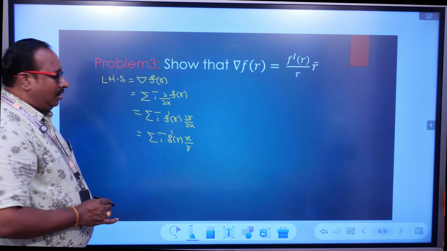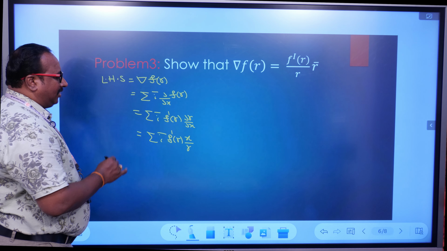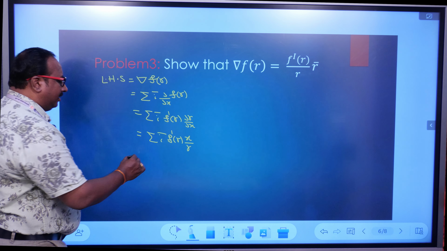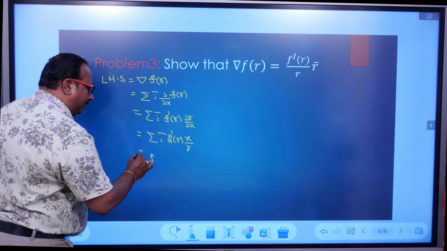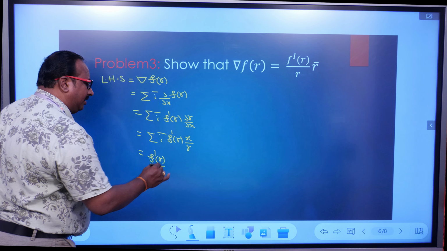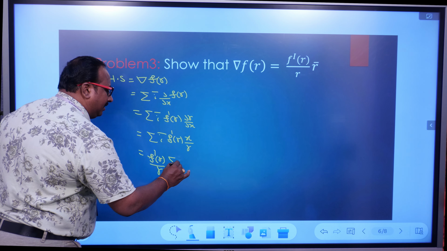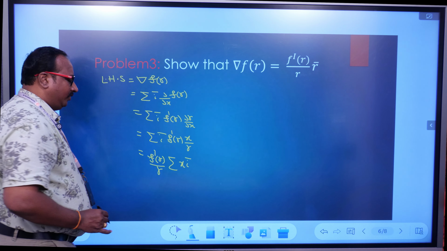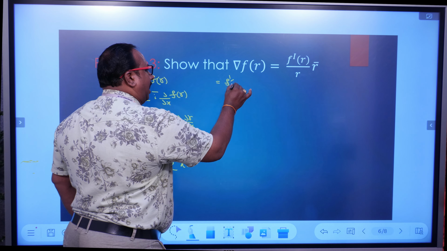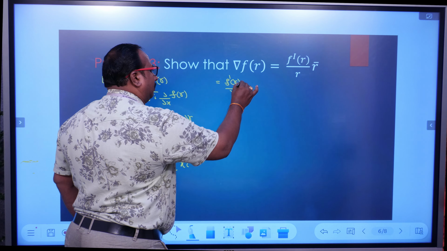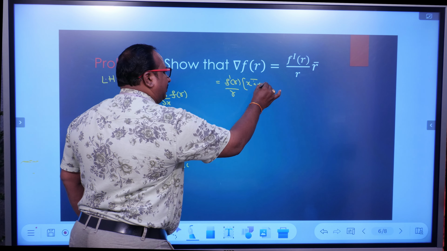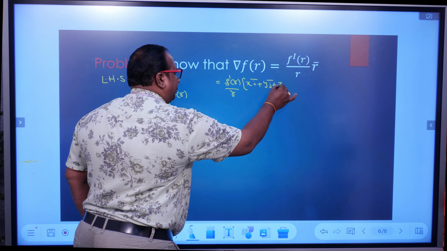Okay, so when we observe the summation, f'(r) by r is completely constant, take outside. Then f'(r) by r, take outside, remaining sigma x into i bar. Okay, then equal to f'(r) by r into expand the summation x i bar plus y j bar plus z k bar.